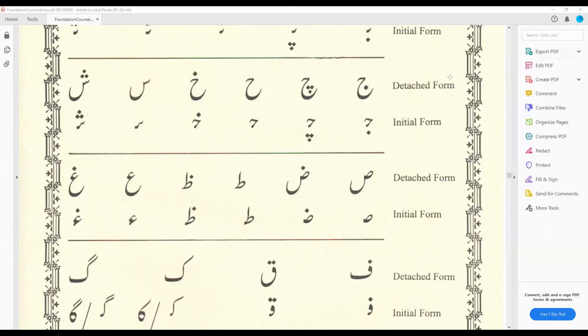This one worksheet, this one also. Can I see your dictionary again? My dictionary. It's Essential Urdu Dictionary. Okay, that's good.